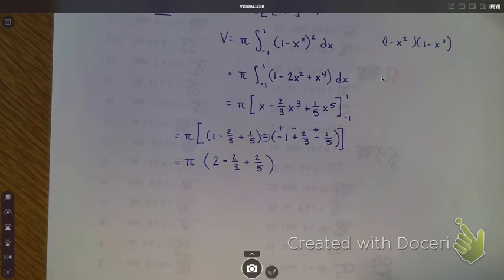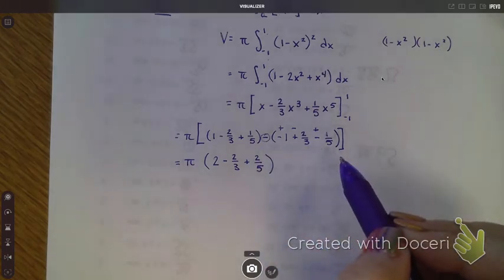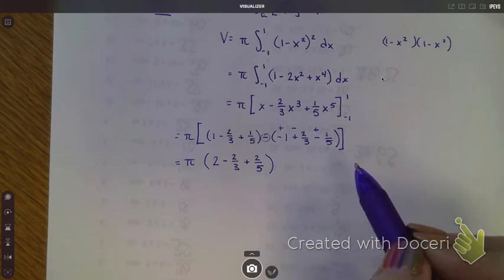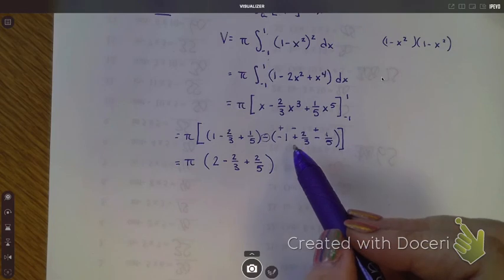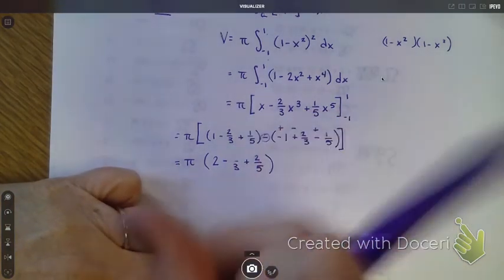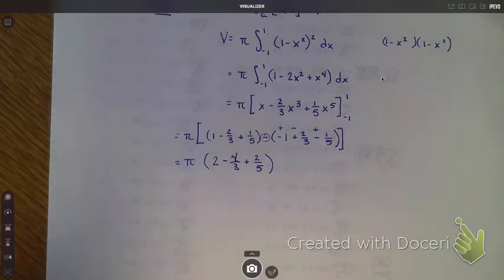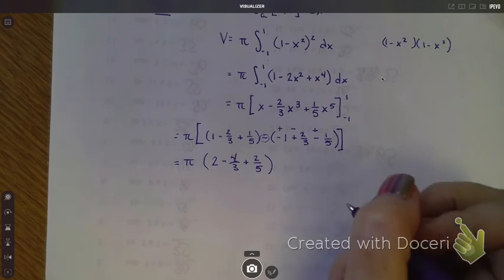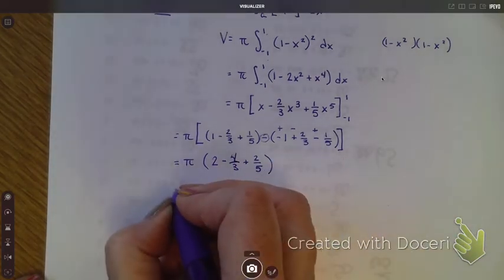I just thought that because you have to distribute the negative. Correct? Okay, so negative 2/3, this should be 4/3. I did the 5 right, but I didn't do the 4. Is that what you were getting at? Yeah. Okay, so now I have to get common denominators, right?